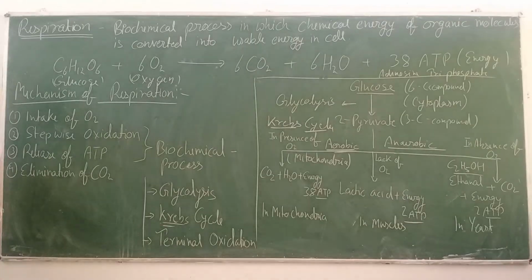And the last is terminal oxidation. What happens in terminal oxidation? It involves the electron carrier molecules, that is NAD, nicotinamide adenine dinucleotide, and FAD, flavin adenine dinucleotide.